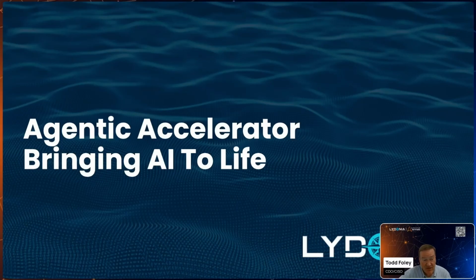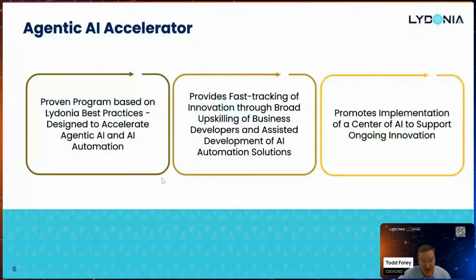I'm not trying to keep secrets close to the vest, that we've branded Agentic AI Accelerator. Right? And it's a program that we've been successful at now with just under 50 of our clients. And it's really designed to accelerate the adoption, but more importantly, the practical realization of value from agentic AI and AI automation.